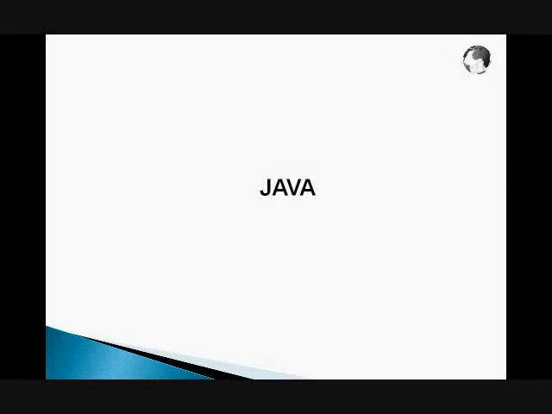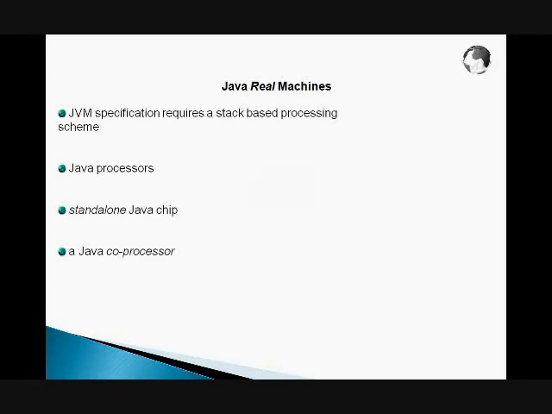Now we consider the Java programming language. Java program class files provide bytecode instructions to Java virtual machines, programs that run on conventional processors. However, there is no reason a Java real machine that processes bytecodes directly in hardware cannot be built, and in fact several have been. Sun Microsystems initially proved the concept in the late 1990s with its PicoJava chip.